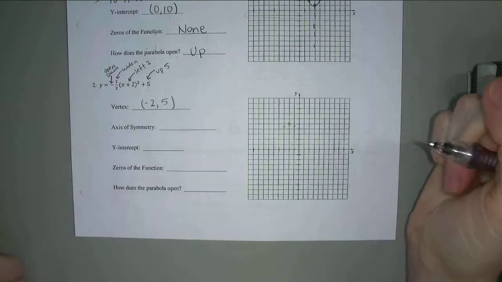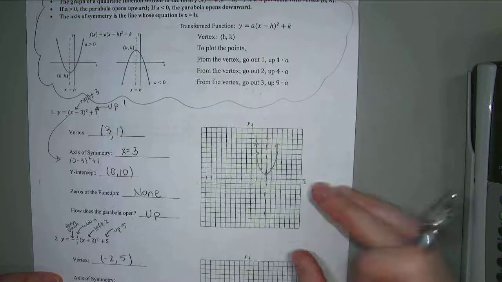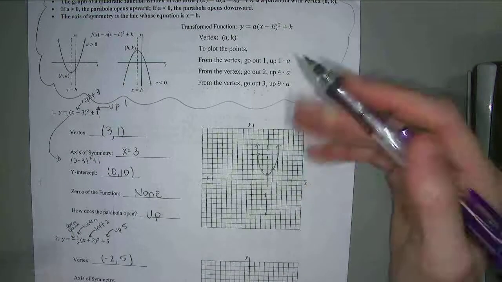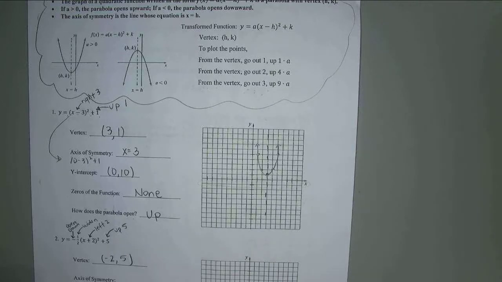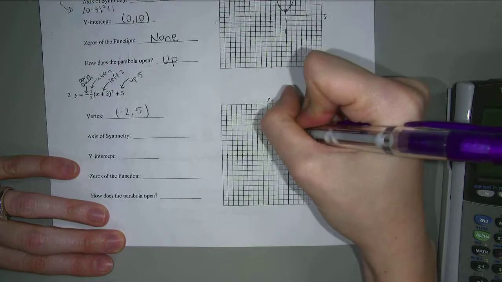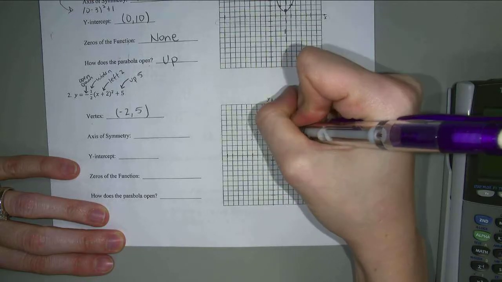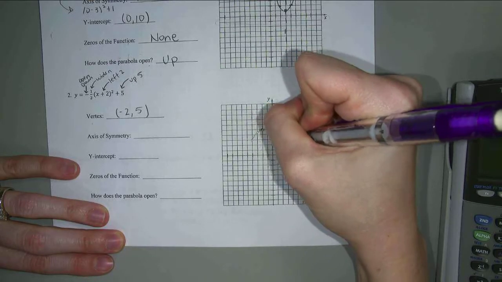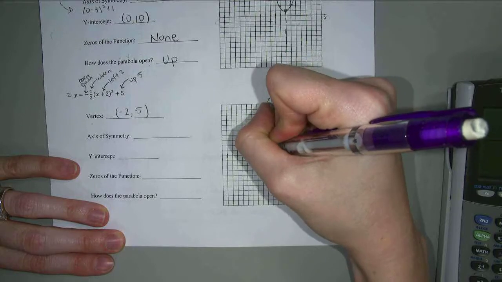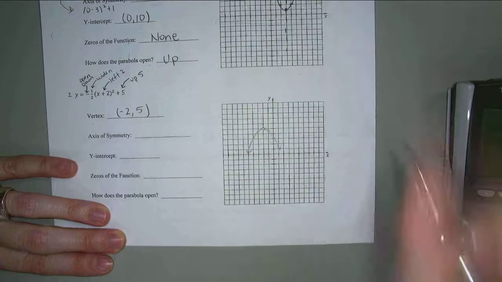And then the second part is we're supposed to go out 2, up 4 times A, but if you put 4 times 1/2 in your calculator, half of 4 is just 2. So we're going to go over 2, down 2. Over 2, down 2. And you have a slightly widened parabola going on there. It's not the most wide, but he's a little bit fatter than that one up there.